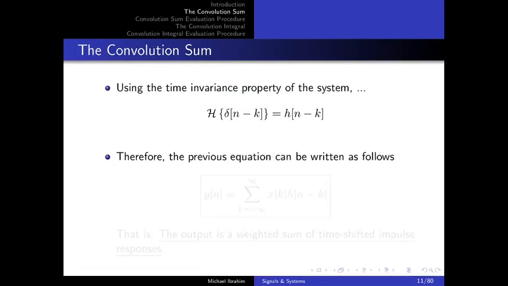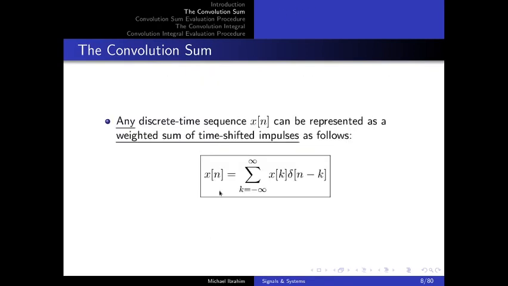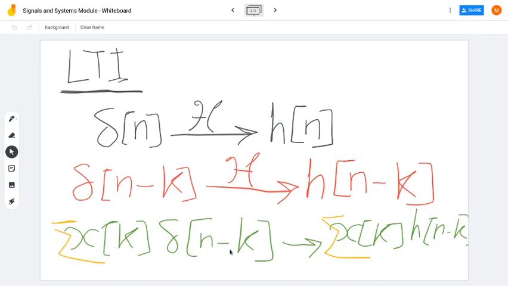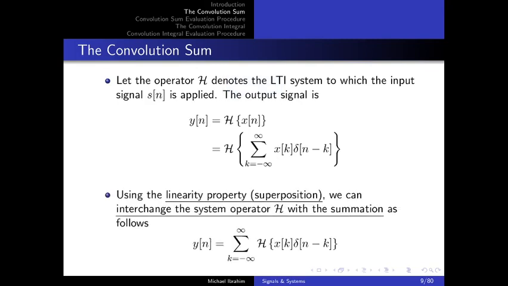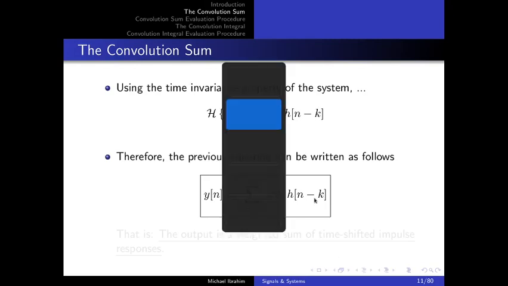As we have seen here, any signal x of n can be represented as a summation of x of k times delta of n minus k. So this is basically the input signal x of n. And here we have the summation of x of k times h of n minus k, which is the convolution sum we have in this slide.